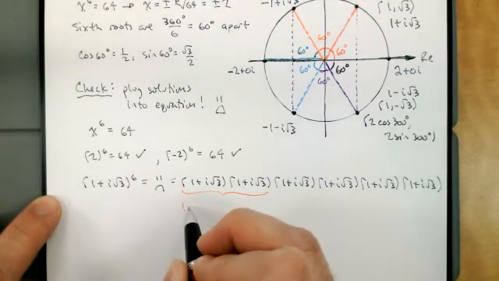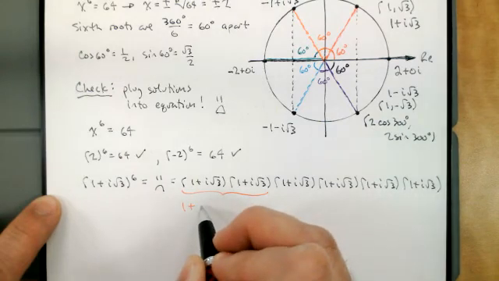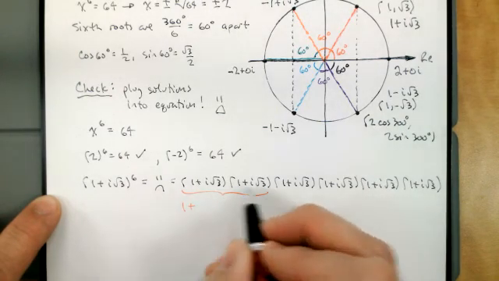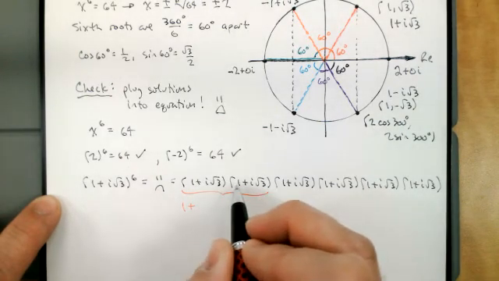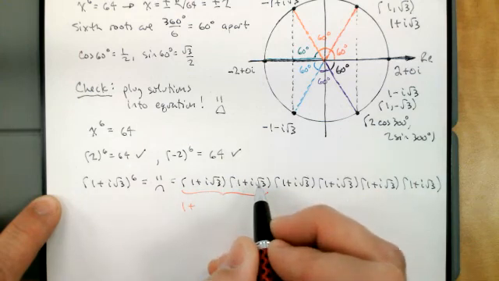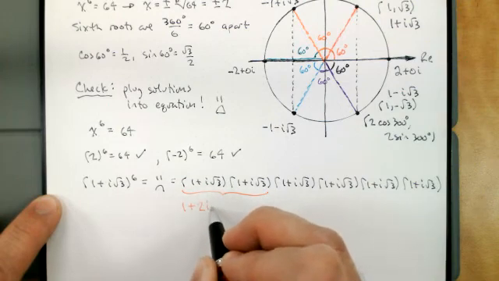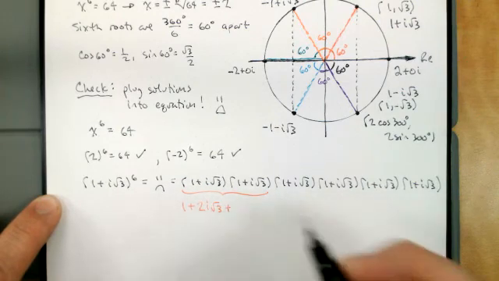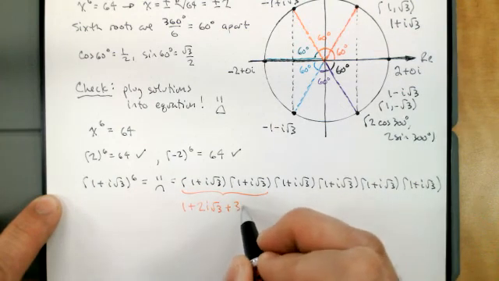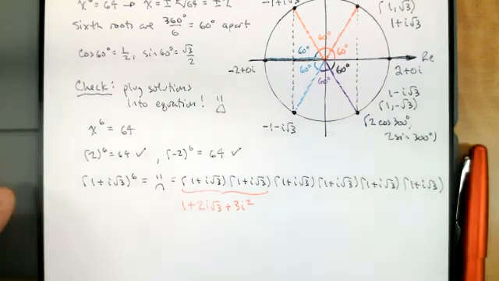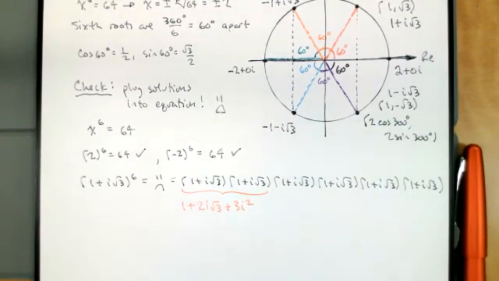we do 1 plus an i root 3 plus another i root 3 plus i squared times the square root of 3 squared, which is 3. So I have 2i times the square root of 3 plus 3i squared. Square root of 3 times the square root of 3 is the 3. i times i is i squared.